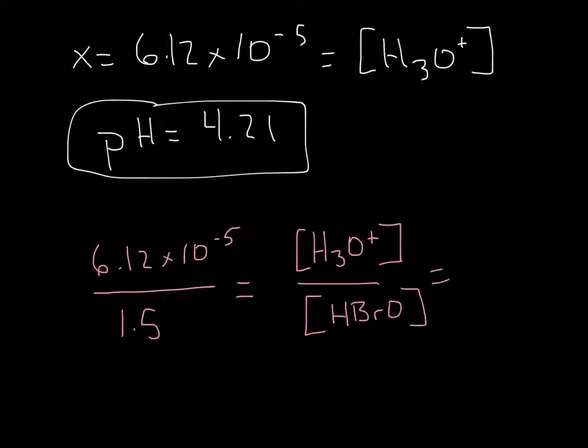And when I do this and solve as a percent, I get 0.0041%. This is actually called the percent ionization, and if this number is less than 5%, we can say that our assumption that x was negligible is valid.